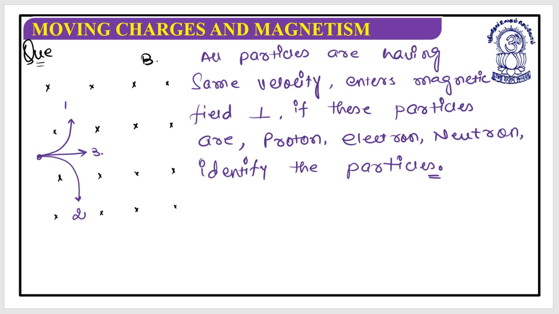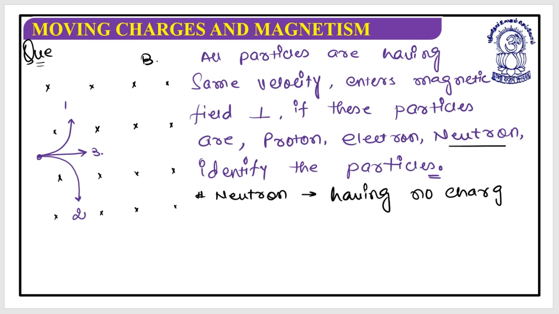So how could I come to know which particle is which? As a hint, one of them is a neutron, and a neutron has no charge. It is chargeless. As it has no charge, the magnetic force on it is zero.